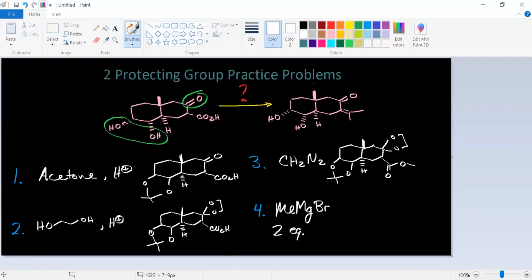The purpose of that is to let it attack the ester, kick out the methoxide group, and then attack it again. Since we're running out of space, let's call this 4A and 4B, since we know Grignards are always followed up by acid. That should be trivial at this point. So the products of 4A and 4B should look like this.